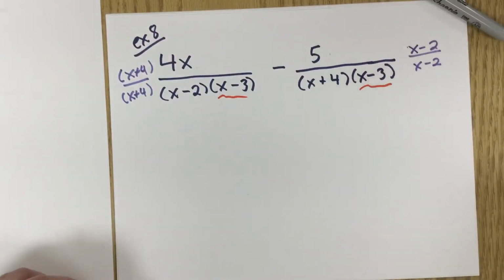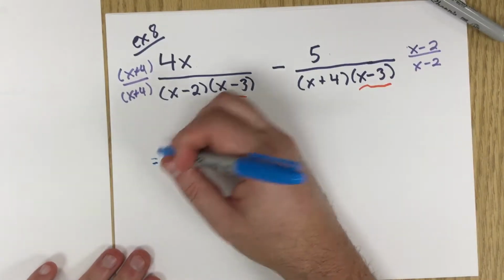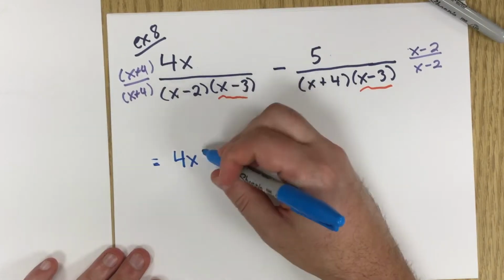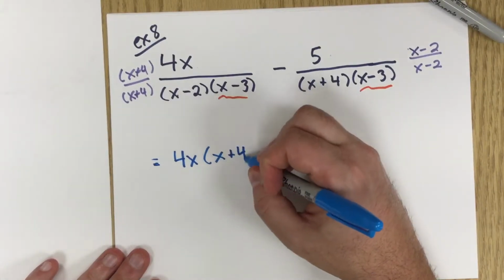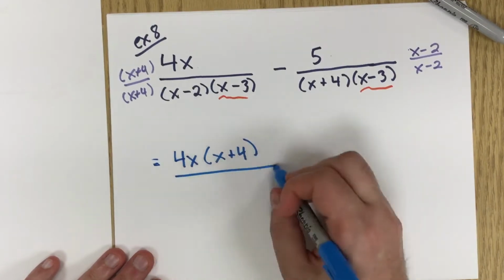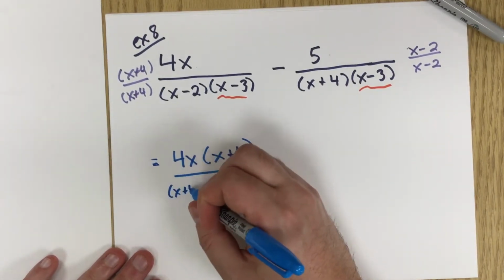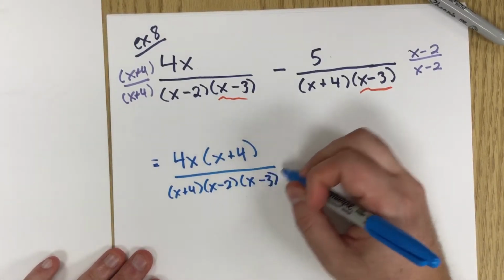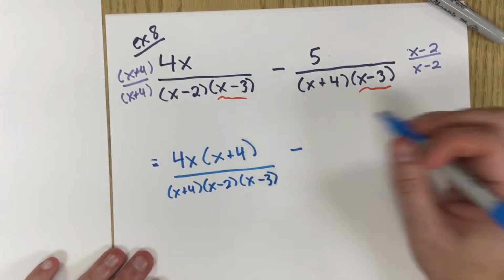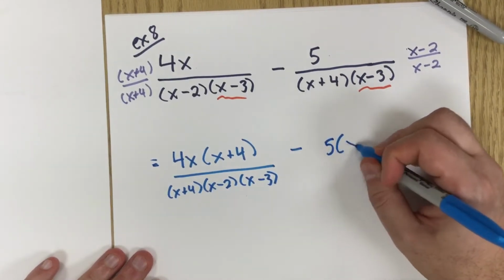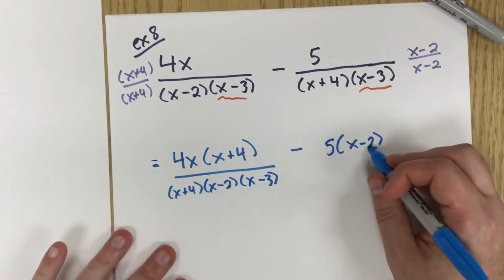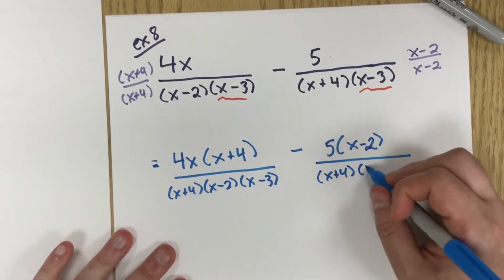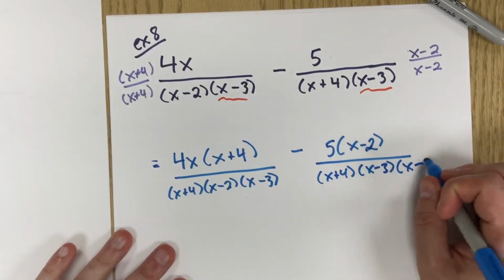So putting that all together, we're going to get equals 4x times (x plus 4) over (x plus 4)(x minus 2)(x minus 3), minus 5 times (x minus 2) over (x plus 4)(x minus 3)(x minus 2).